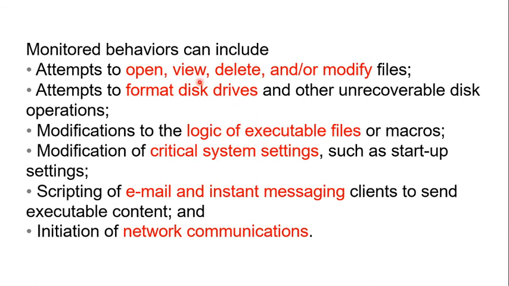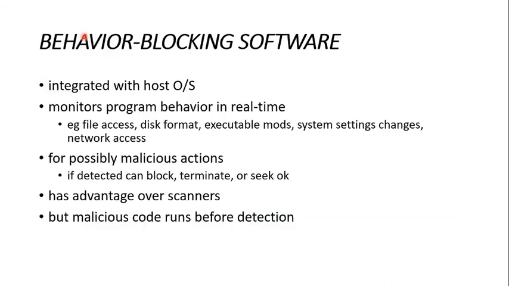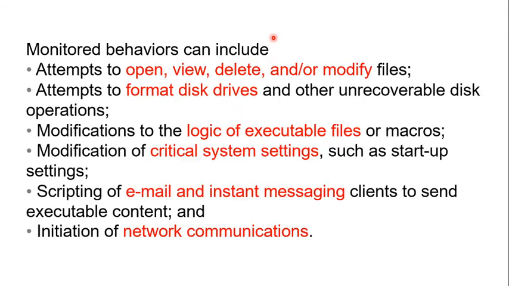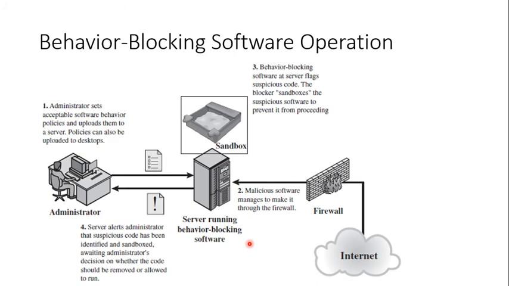Also whenever you deal with system settings, whenever you get any new email or messages, or you deal with the setups of connections, network communications, like this. So based on these factors, this behavior blocking software has to keep monitoring the behavior of the device. If there is a variation, it has to throw an alert.